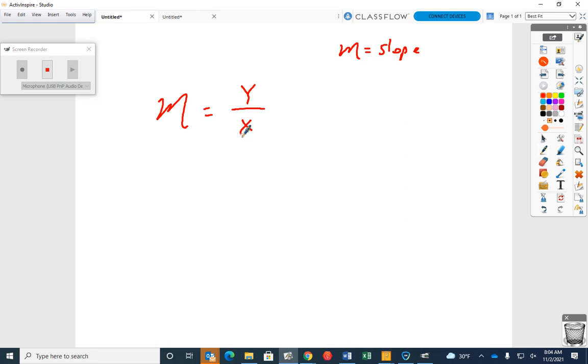It is a ratio that is y over x, and what that means is rise or fall. What does rise or fall mean on a graph? Up or down over run. And what that means is, well, I'll show you how this works. This is actually pretty easy once you get the hang of it.